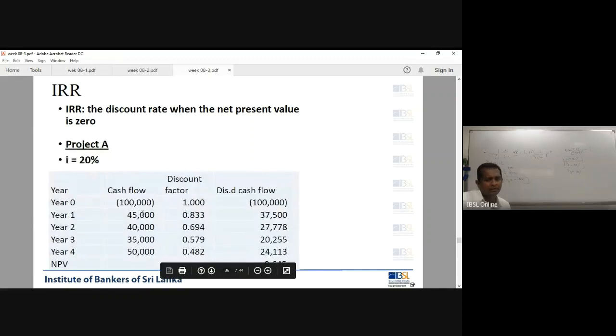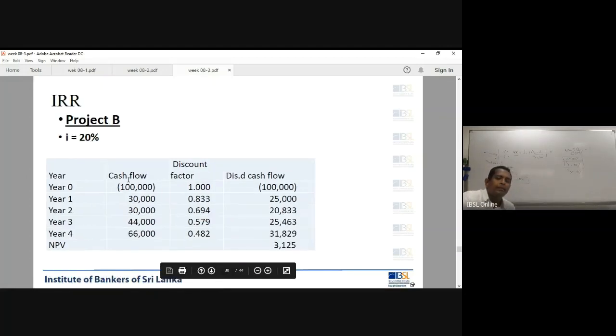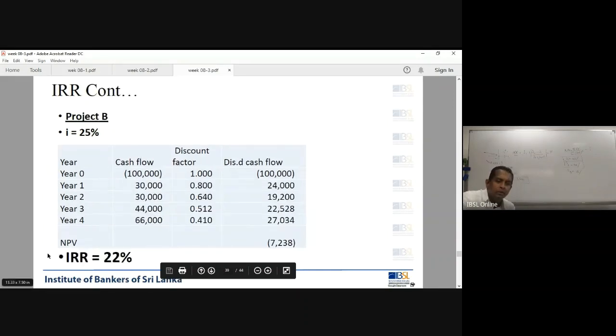So you can work this out and see, at 20 you will have this, at 30 you will have this. So you apply that to the formula and see what is happening. It should give you this answer. Then similarly you do it for project B, then you should get this answer, right?